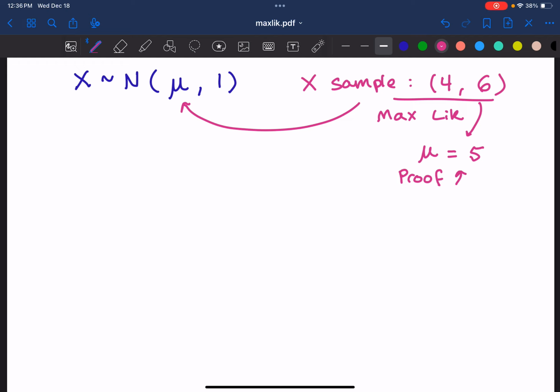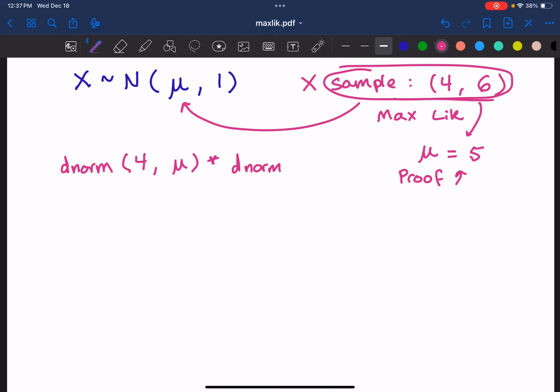So the method of maximum likelihood works like this. We say, what's the likelihood of seeing this sample? We're thinking about the PDF of the normal distribution, which in R we can find with dnorm. The density of seeing 4 given a specific mu times the density of seeing 6 given a specific mu.